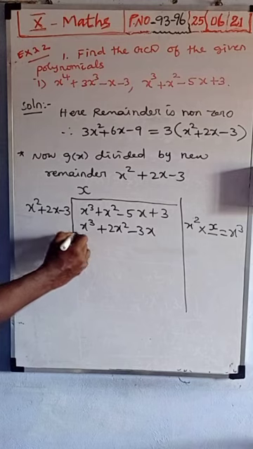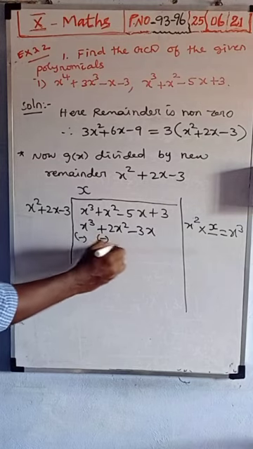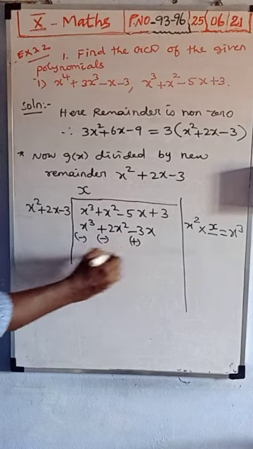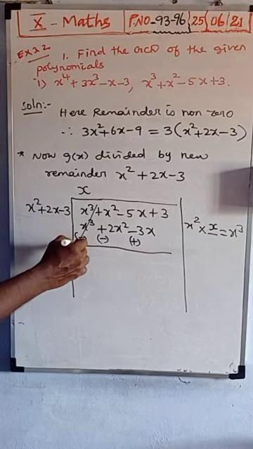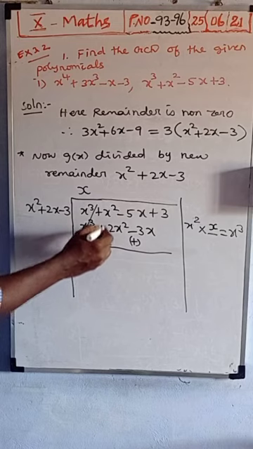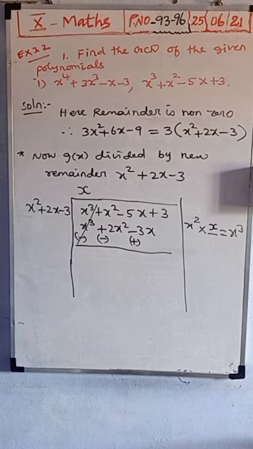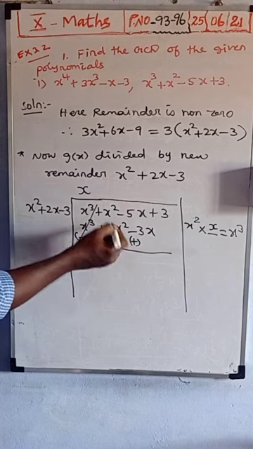Now you should change the symbol, plus changes into minus and minus changes into plus, because usually we subtract. Now this will get cancelled. Minus 2x squared, and here plus 1x squared, after changing the symbol we consider minus 2x squared and 1x squared.